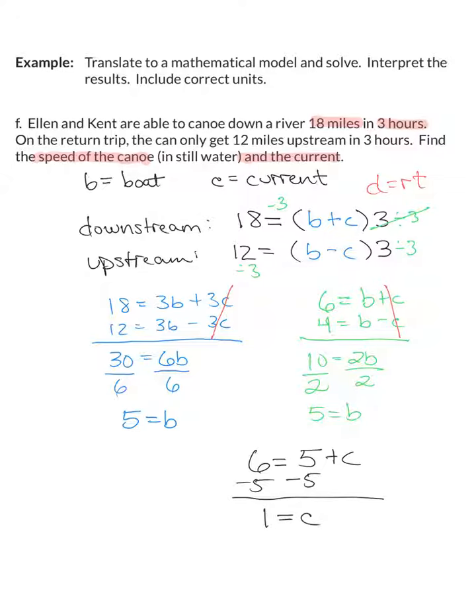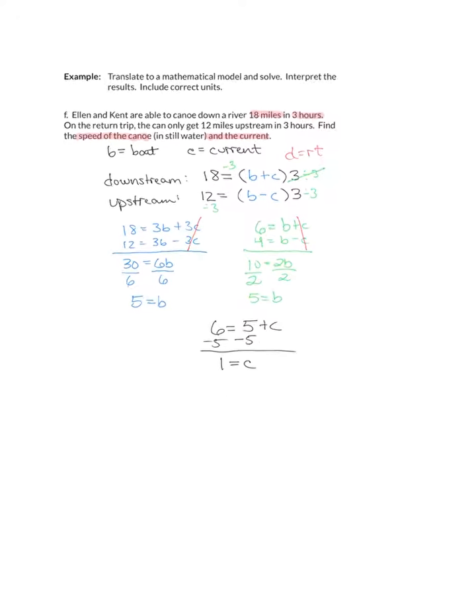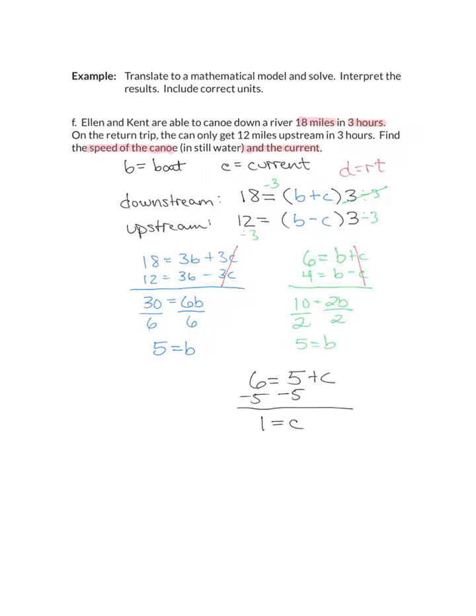So now, the last thing that we need to do is go ahead and interpret our results. So we have the canoe or the boat, however you want to label it, is traveling 5 miles per hour.